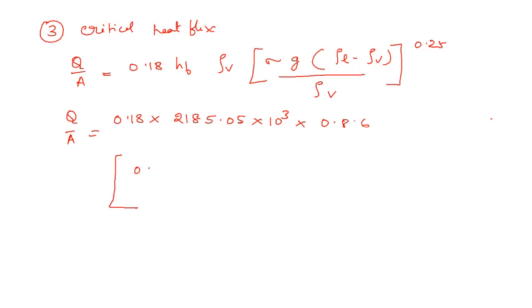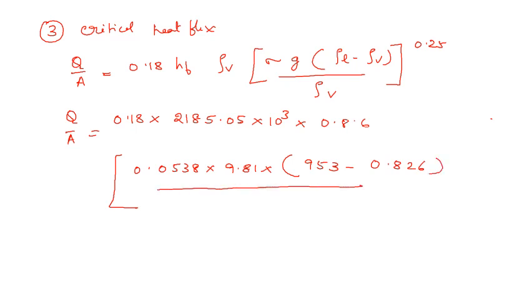That is 0.0538. G is 9.81, and rho L, density of the liquid, that is 953 minus 0.826 divided by the density of the vapor, 0.286. That entire thing to the power 0.25. Don't forget to place that power 0.25.